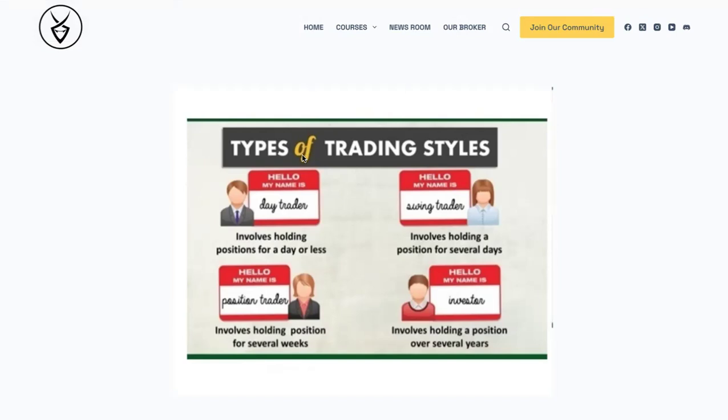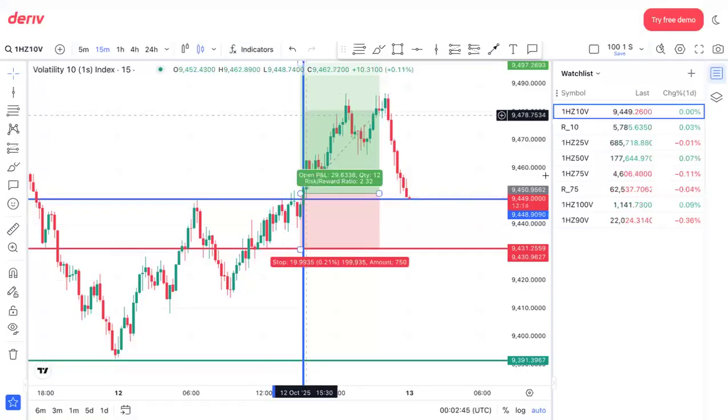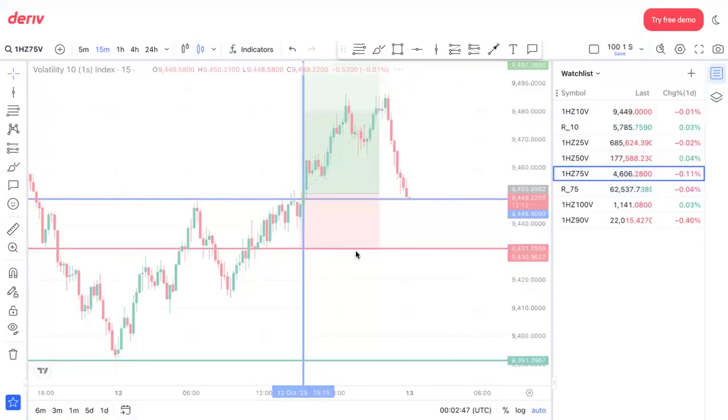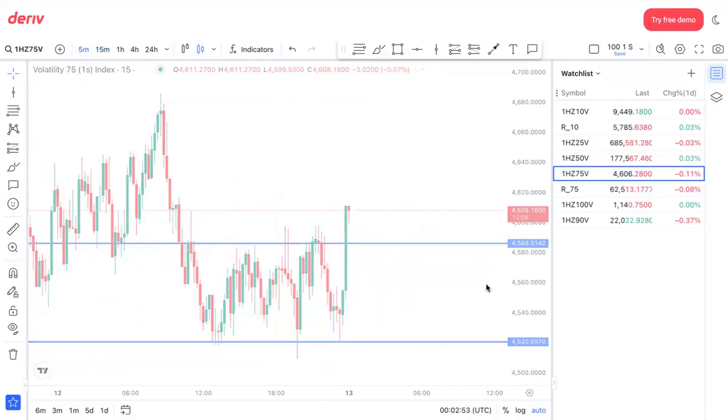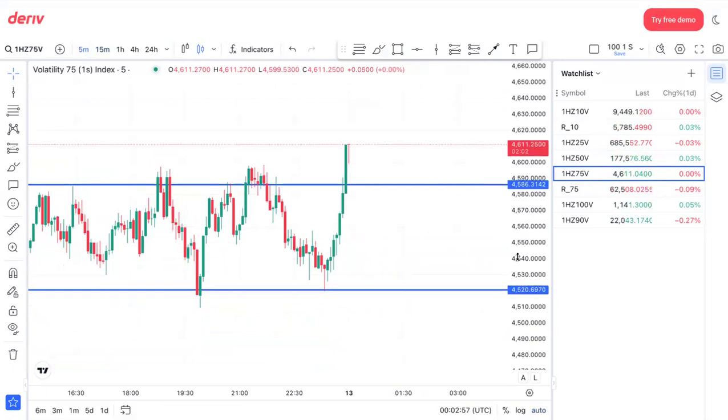15 minutes or less. So say for example, if you decide to enter this trade, let's go back to 75 1S. Let's say you decide to go into 75 1S for the buy. You get an impulsive move right there. So say you manage to enter this trade for the buy.